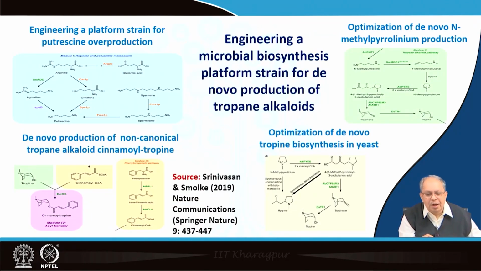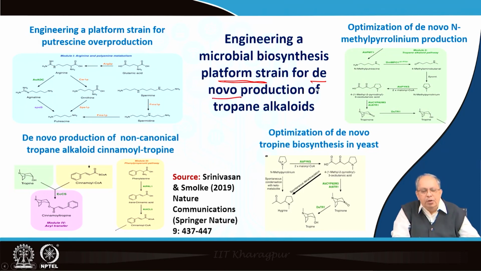The next point is engineering a microbial biosynthetic platform strain for de novo production of alkaloids. I have to explain now what the meaning of de novo is. So far, in the metabolic engineering strategies I have discussed, you can express a short pathway in yeast or in a microorganism, and the pathway will produce the active proteins, but it will not get the substrate.